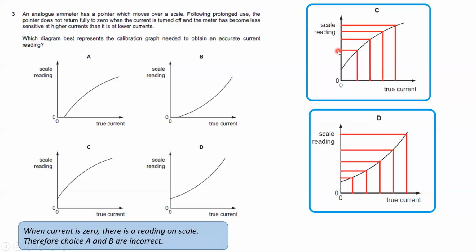We can say sensitivity decreases at higher current. Here we can say sensitivity increases at higher current. We need to find the meter in such a way that sensitivity decreases at high current. Therefore, the option is C.